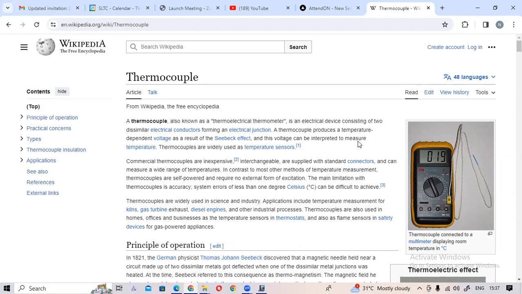Once it is heated, it creates voltage. So that is the input signal. In other words, temperature is converted into voltage. So that is the input transducer.